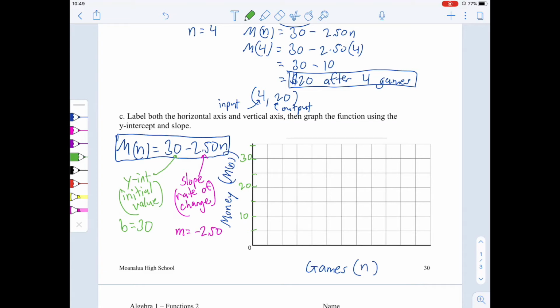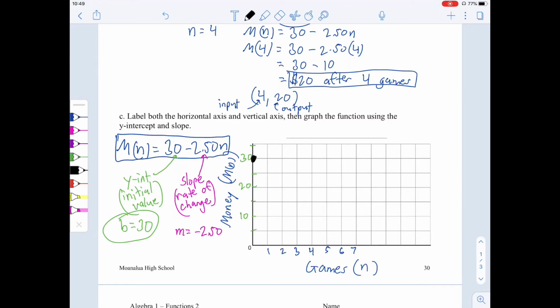And our games can just be 1, 2, 3, 4, 6, 7. We start at 30 on our graph right there, because that's our initial value.